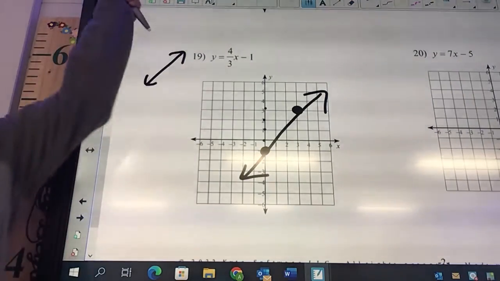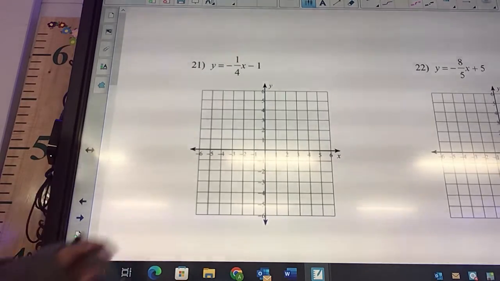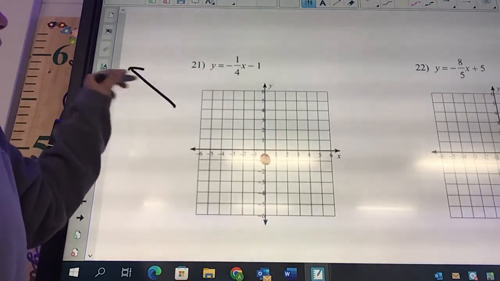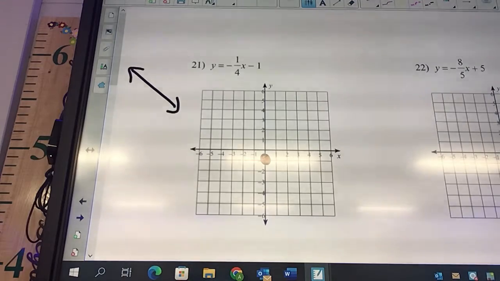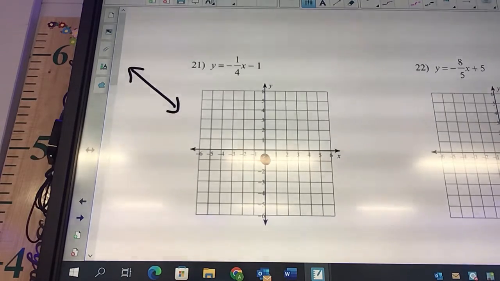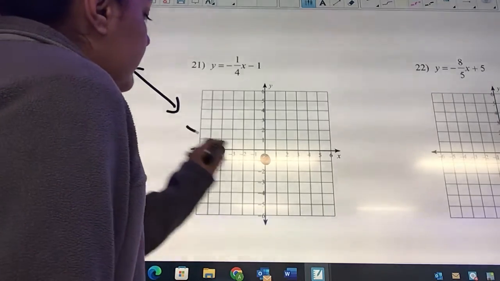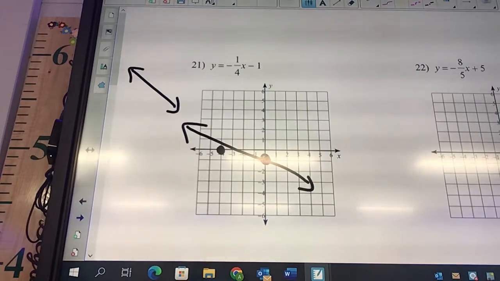Okay, 21. Where does this graph start? Starts at -1. My slope is negative. I'm going to go up 1 and over 4. Which way? To the left. Good. Dang, I missed my dot.